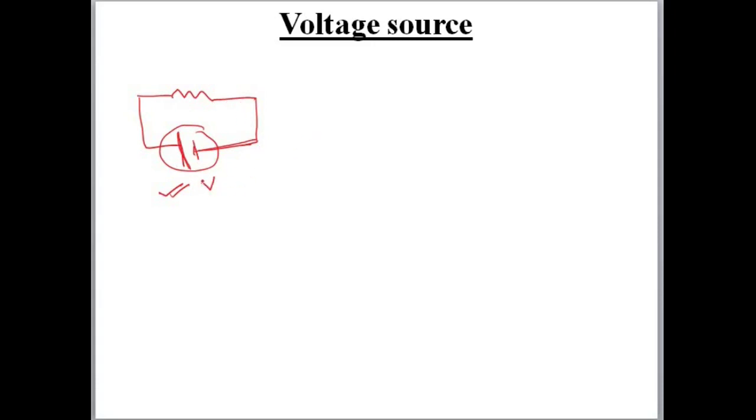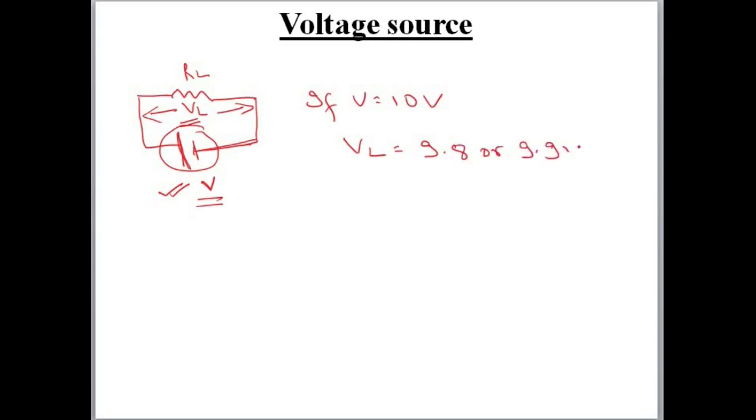Suppose this is V, and this is your RL, and the voltage across this R is VL. If you measure with a multimeter, you will always see this VL is less than V. If V is 10 volt, then you will see VL is 9.8 or 9.9 volt. Why is it so? VL is always less than V because there will always be an internal resistance in any voltage source.